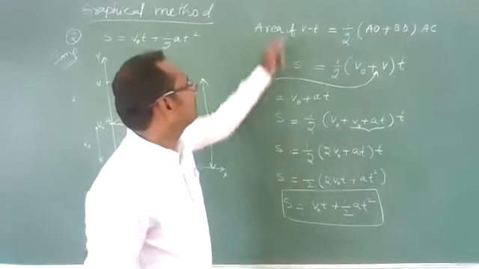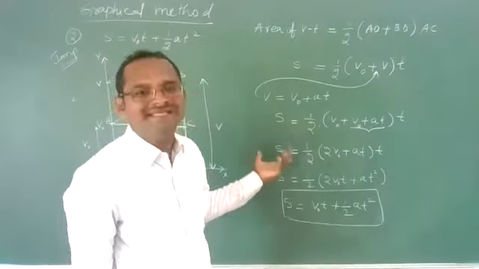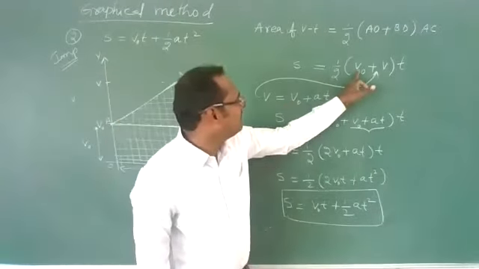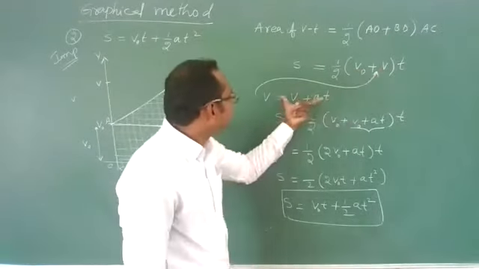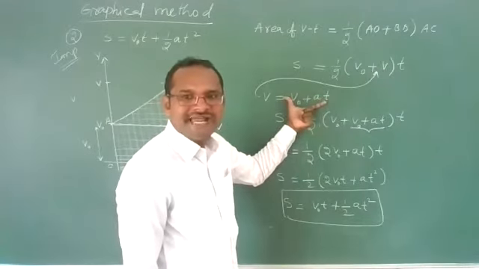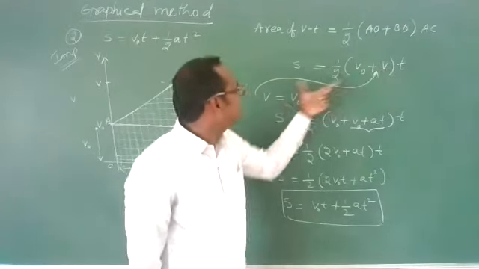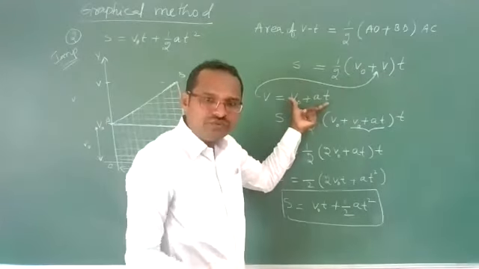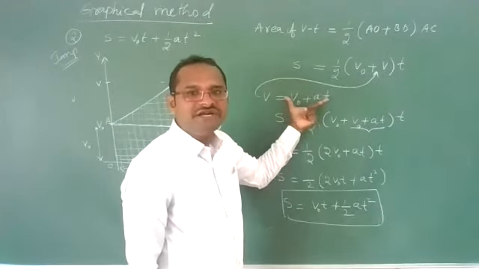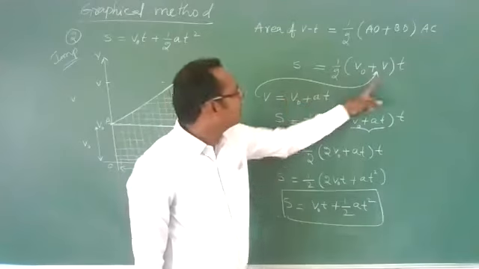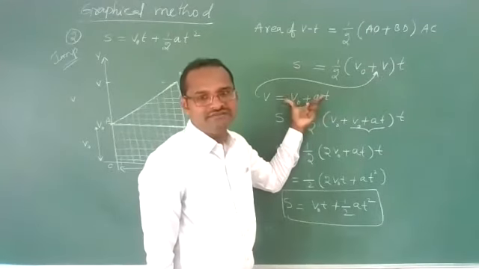Fourth step: in this half V naught, in the place of V, I am substituting this. Repeatedly I am saying, in the place of V, just substitute this, because already you know V is equal to V naught plus AT.